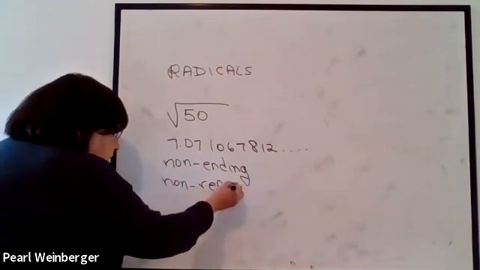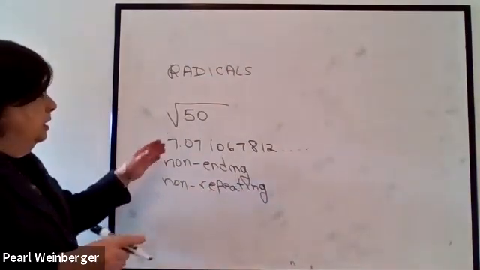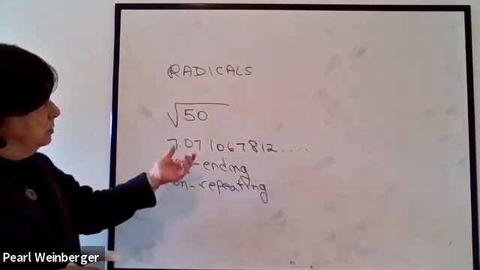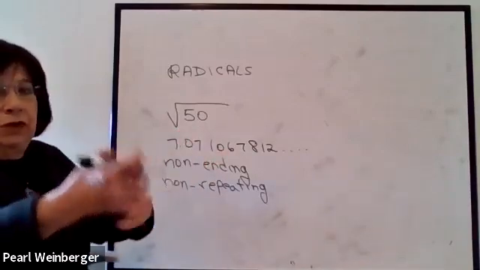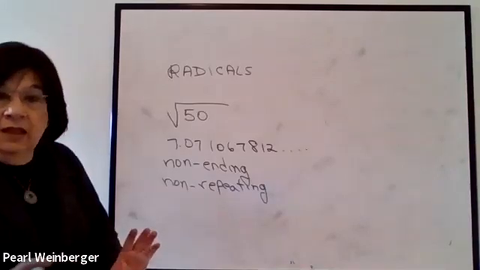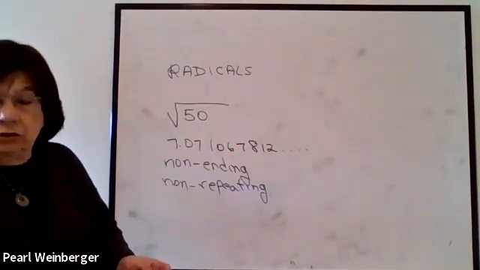What do I mean? Well, non-ending, we understand what it means. What do I mean by non-repeating? There's no pattern here. It doesn't go 7.070707, which would be repeating the 07 endlessly. There's no pattern there that I can discern.